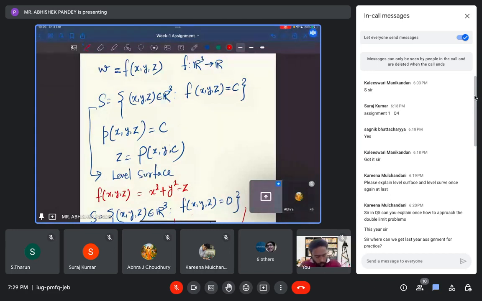Okay, this is what I have mentioned here. Now you have a function in two variables and can draw the graph in 3D. Such kind of things are known as level surfaces. Is it clear now?